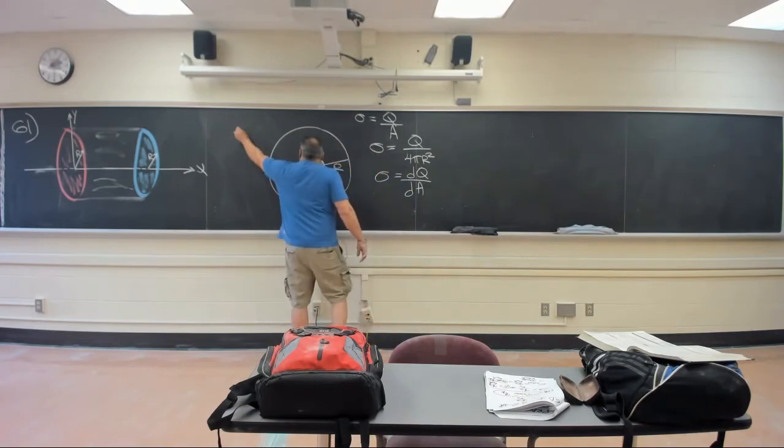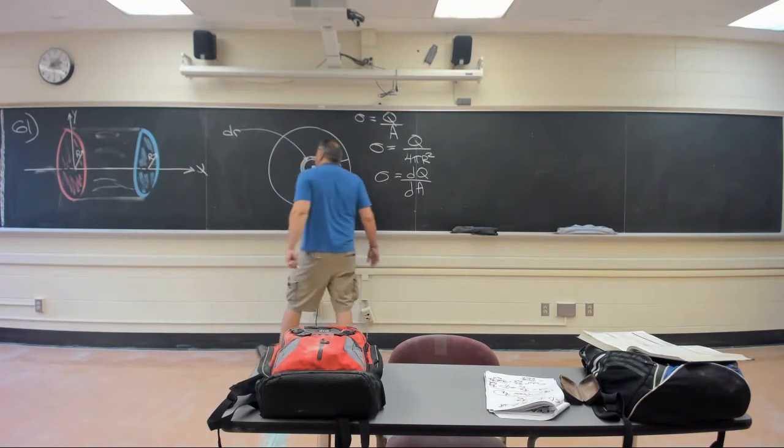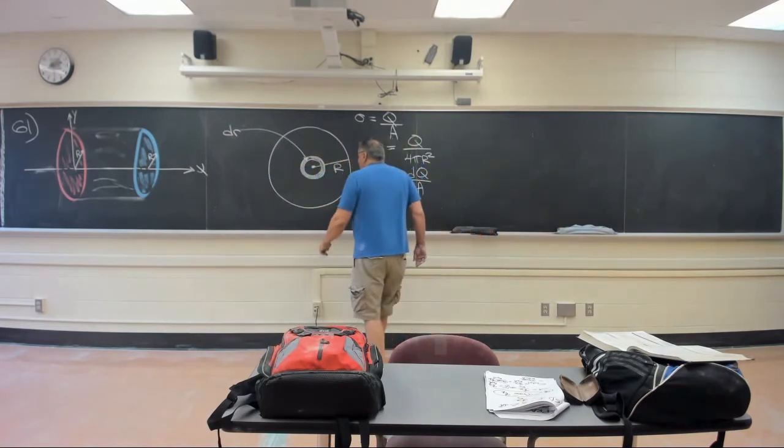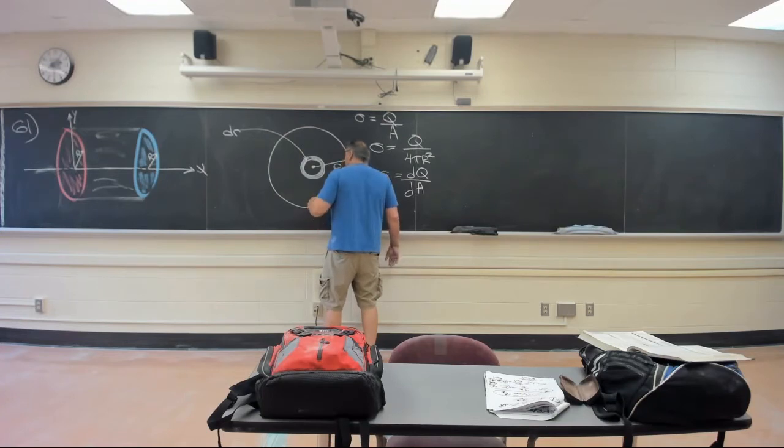We say there's a differential length dr. If these are really close together, the size difference between the two circles isn't big enough for me to worry about.